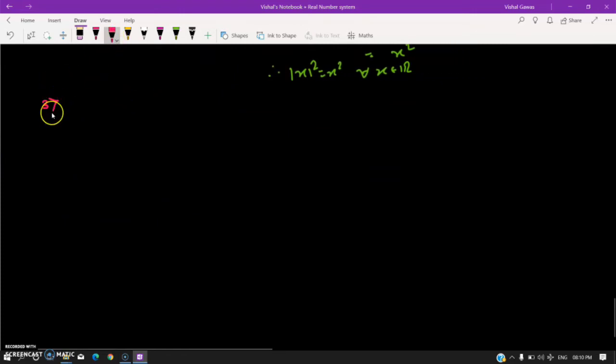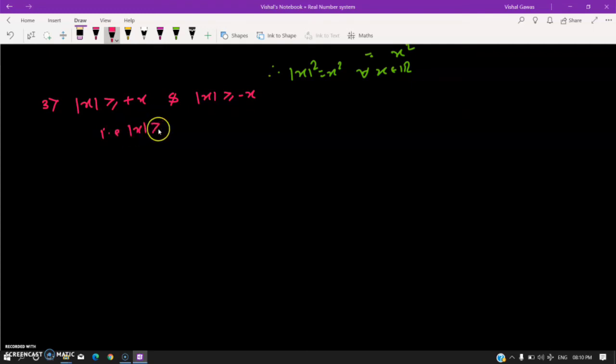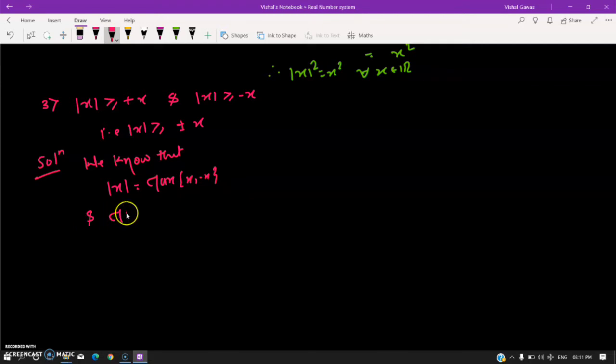So property number 3: modulus of x is always bigger than or equal to positive x, and modulus of x is always bigger than or equal to negative x. That is, modulus of x is always bigger than or equal to plus or minus x. This is pretty simple. We know that modulus of x is equal to maximum of x, negative x, and maximum of x comma negative x is always bigger than both of its numbers, right?